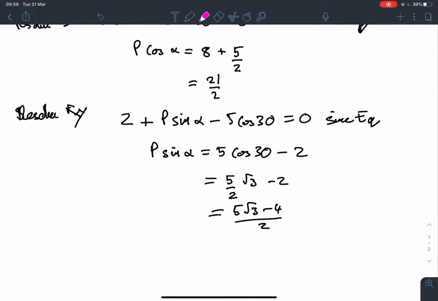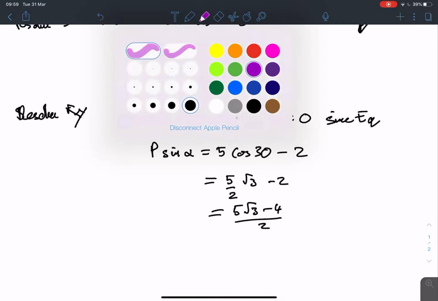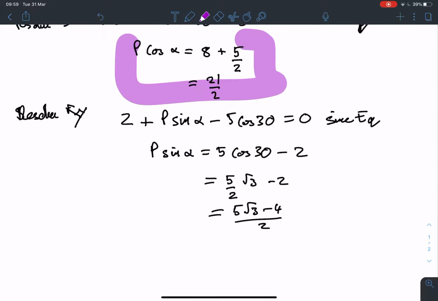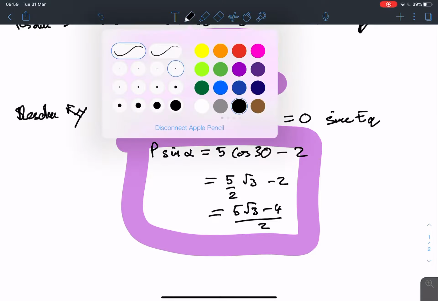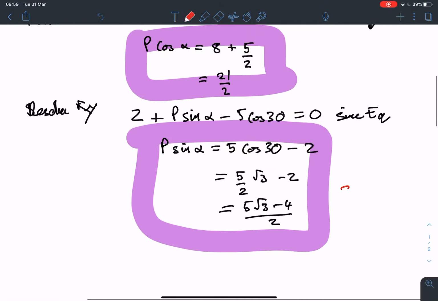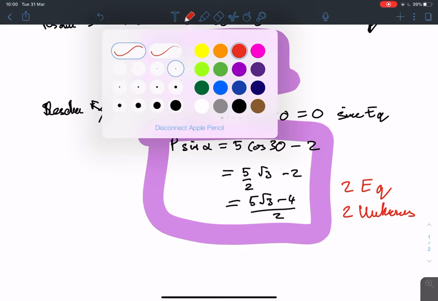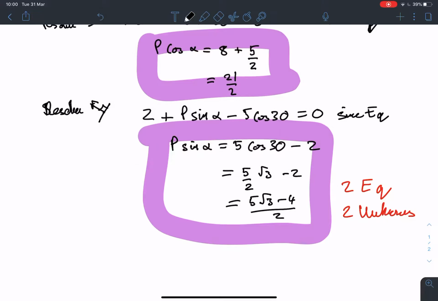What do you notice about these two equations? We should pick up on something here. Yeah, this is 2 equations, 2 unknowns. So that tells us that we can solve this simultaneously. Right, and there's one quite neat way to do that. Anybody spot it?